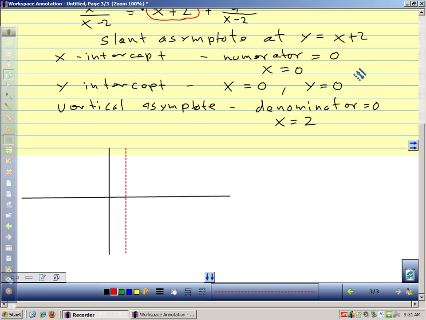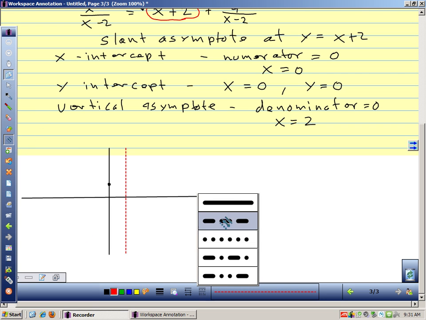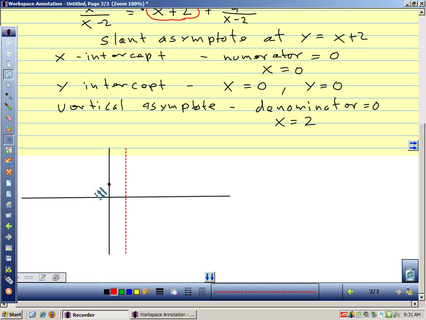How do we graph that? It's a line. Our y-intercept for this line, y equals mx plus b, is 2. And our slope is 1. So let's say this point is y equals 2. We have a line that crosses the y-axis at y equals 2 and has a slope of 1. I'm going to sketch this in because I don't have my numbers in.